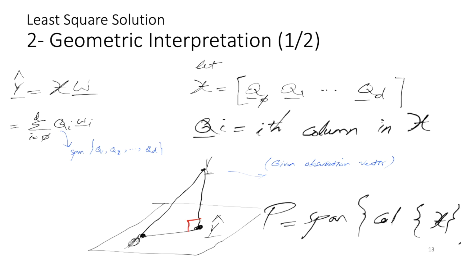Just think about a span as a linear combination of each of your columns multiplied by your W's. And that's your zero vector.